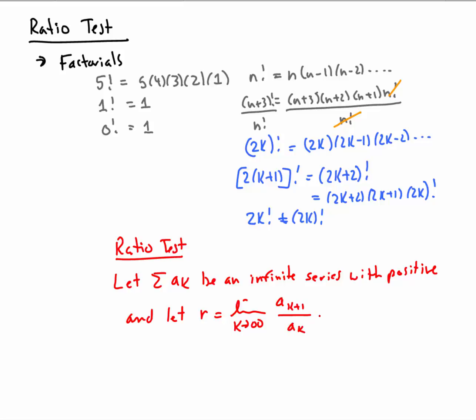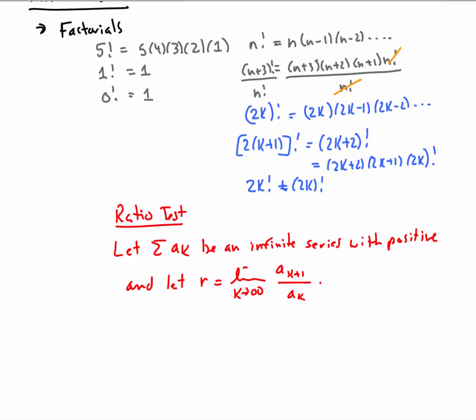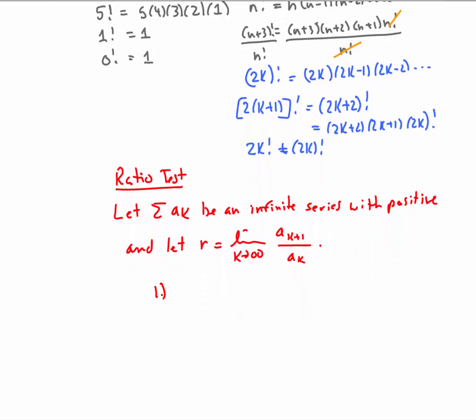Now there are three things that can happen from this. When we take this limit, one thing that could happen is this value of r is somewhere between 0 and 1. Notice 0 is included here, r is just less than 1. If this is the case, the series converges. Our second case would be if r is greater than 1.